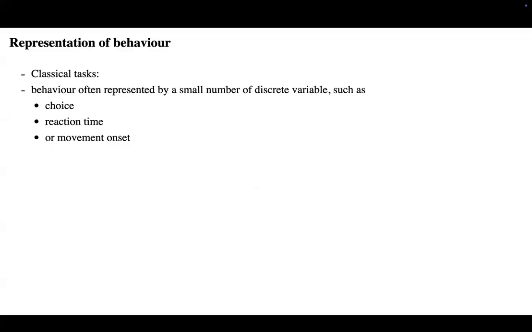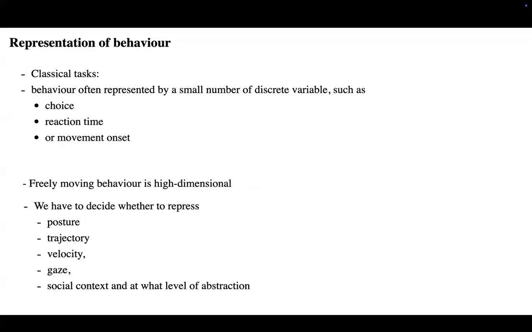Moving on to the next part: now that we cleaned our data, the representation of behavior. In classical tasks, behavior is often represented by a small number of very discrete variables, such as choice, reaction times, or movement onset. In freely moving behavior, this becomes very high dimensional, and we have to decide whether to represent posture, trajectory, velocity, gaze, social context, and many more, and also at what level of abstraction.